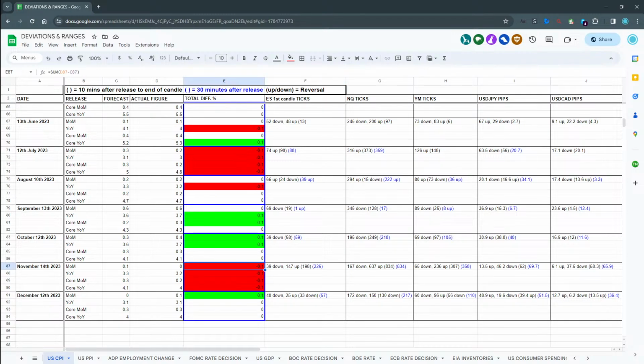Again, the deviations weren't as strong as what economists might be expecting. Hence, you had seen that mixed reaction.